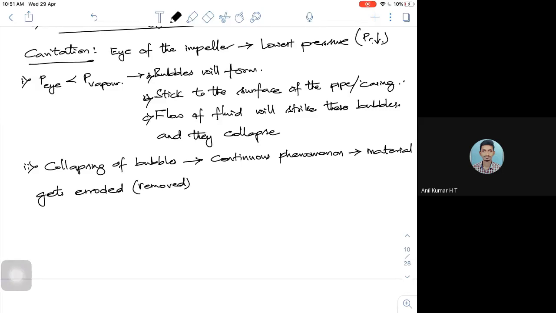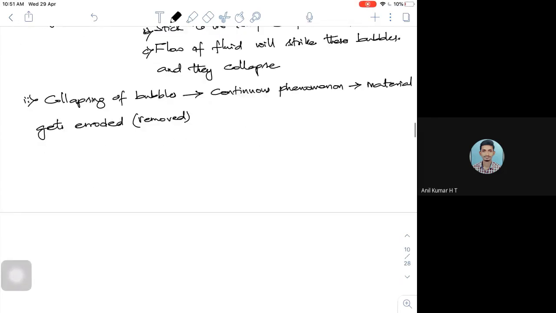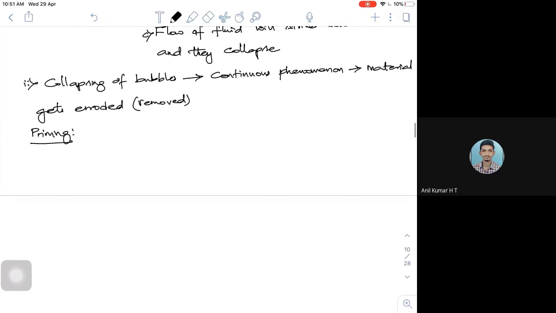Okay, and the last point is the priming. Now most of the pumps come with what is called self-priming. Before starting, what is this priming actually?